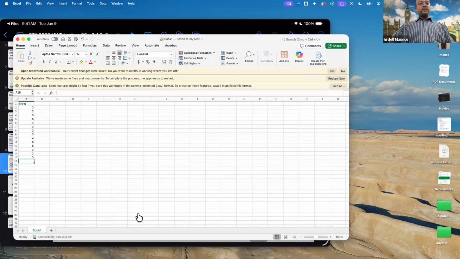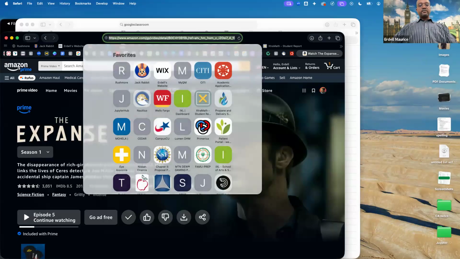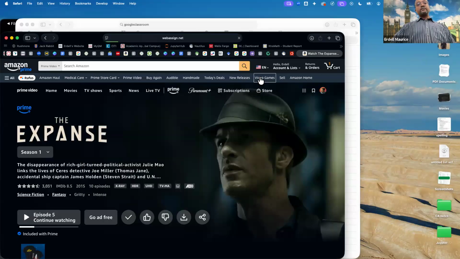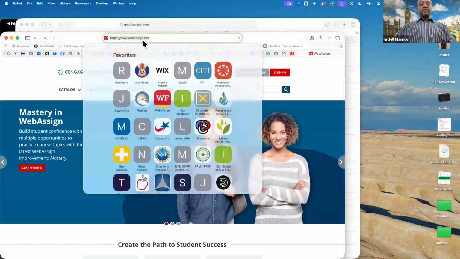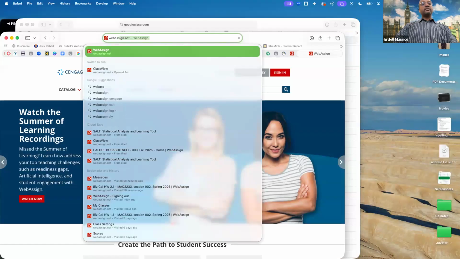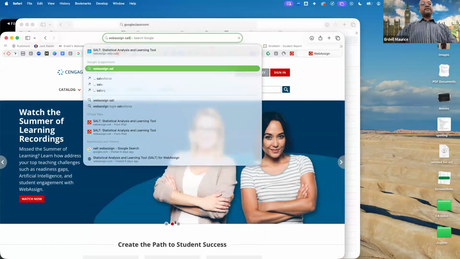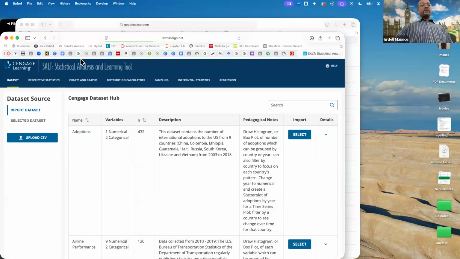And then you go on to WebAssign. Actually, I can do it fast. I can just go to SALT. Type in WebAssign and then SALT, because they have a free version on the internet.